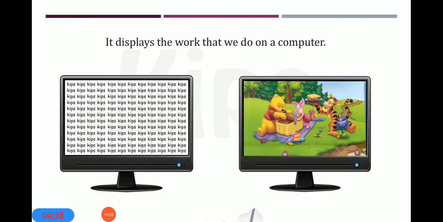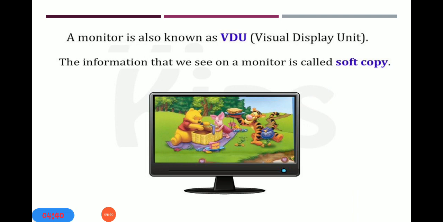Now next, it displays the work that we do on a computer. Whatever work you do on the computer will be displayed on the monitor screen. A monitor is also known as VDU. VDU means visual display unit, which means it is visually displayed.